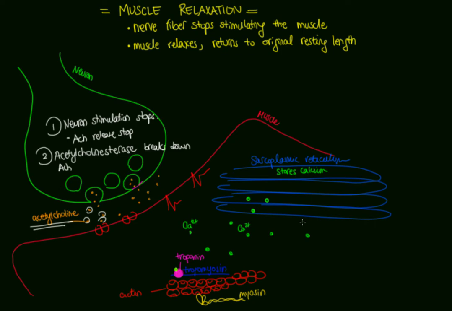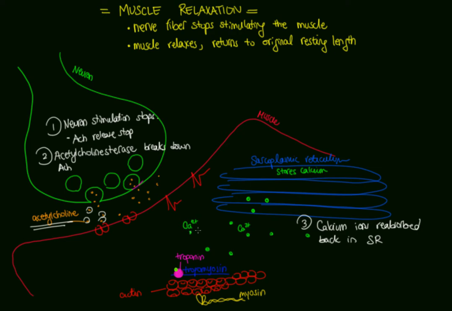Now, step number 3. We highlighted that calcium is being released from the sarcoplasmic reticulum to allow muscle contraction. And so during muscle relaxation, calcium ions have to be reabsorbed back into the sarcoplasmic reticulum.